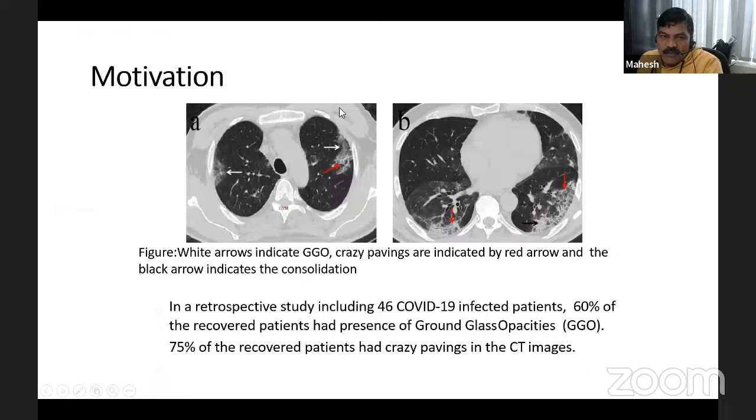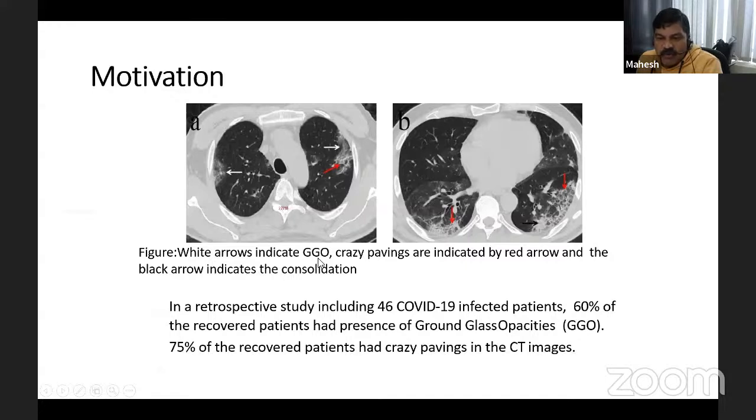So here I'm going to discuss some work which we did in our lab. So you can see this is a CT image, okay, of the person. Here the white arrow indicates GGO.